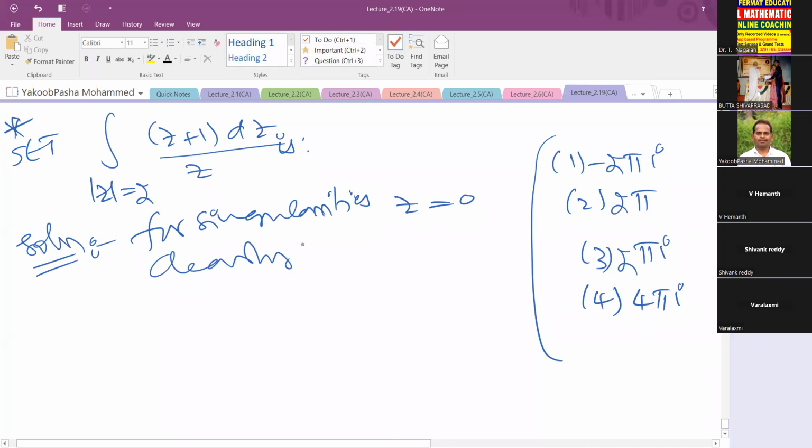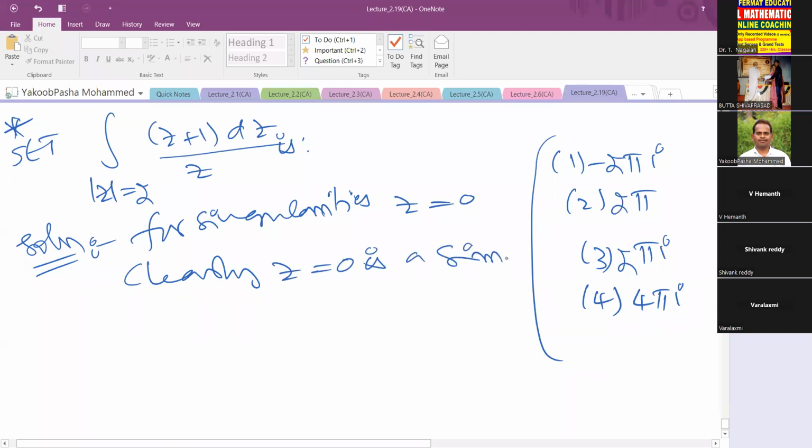Clearly, Z is equal to 0 is a simple pole, and it lies inside modulus of Z is equal to 2. Okay. So we have to calculate the residue at Z equal to 0.